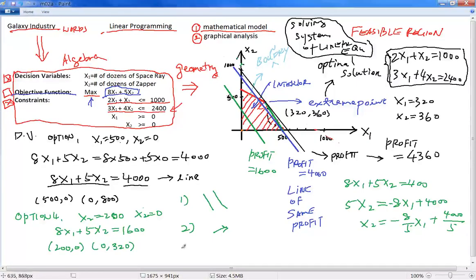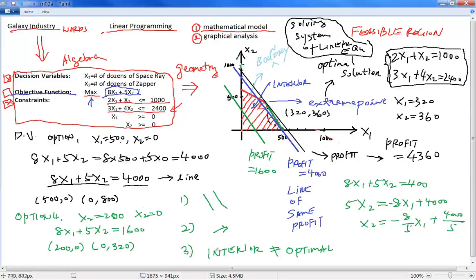Now I want to add the third observation about the optimal solution, which is that an interior point cannot be optimal. And the reason is pretty self-explanatory, because if it's a point here in the middle, you can always move towards the direction that would lead to an increased profit.